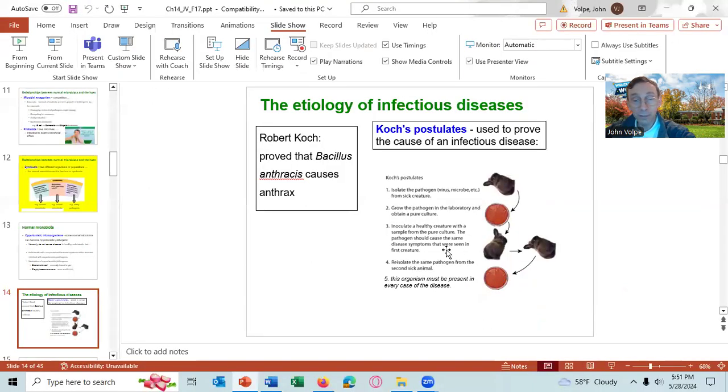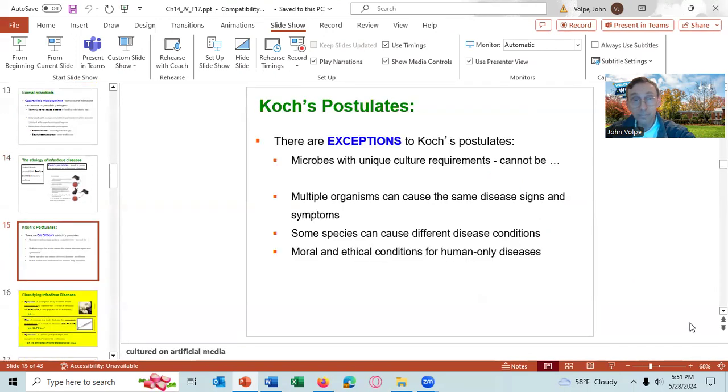So Koch's postulates are what we prefer to use when we want to show that a given organism causes a given disease. But there are exceptions to Koch's postulates. Like, what do you do with microbes which have unique culture requirements and cannot be grown in artificial media or in tissue culture? For over 100 years, the bacterium which causes syphilis could not be grown in tissue culture.